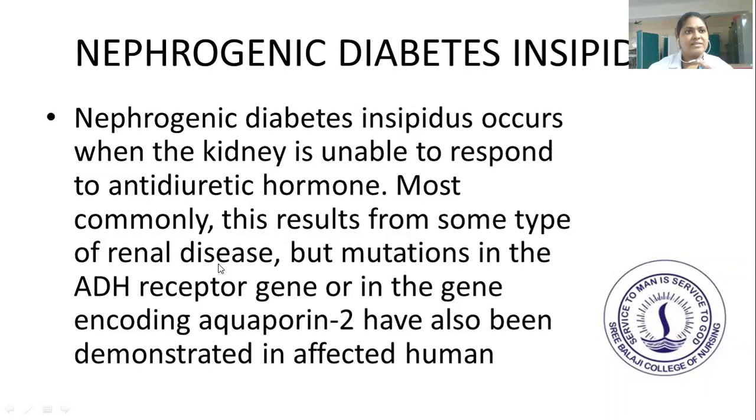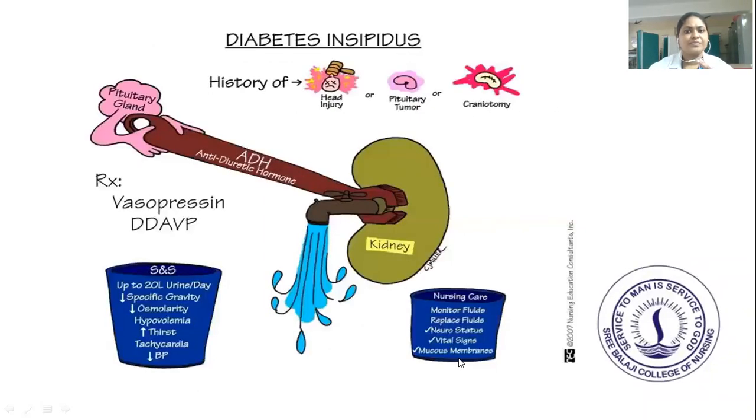So in certain diseases where the kidney does not respond to the antidiuretic hormone, you can see this nephrogenic diabetes insipidus. But mutations in the antidiuretic hormone receptor genes or in the gene encoding aquaporin 2 have also been demonstrated in affected humans.